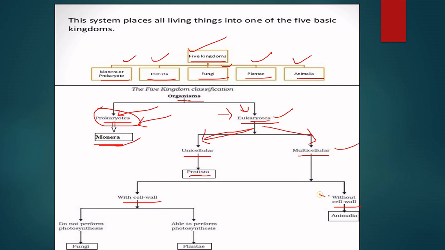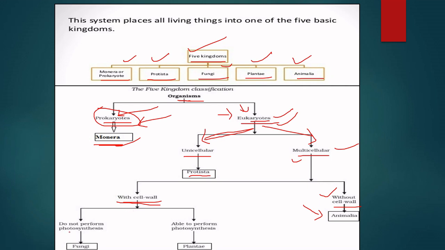If they do not have any cell wall, then these organisms are placed in the Animalia group.